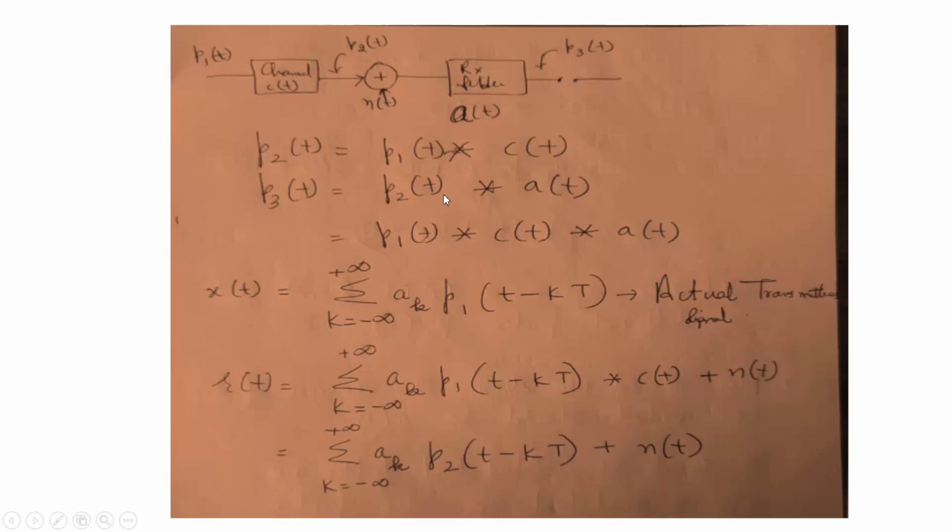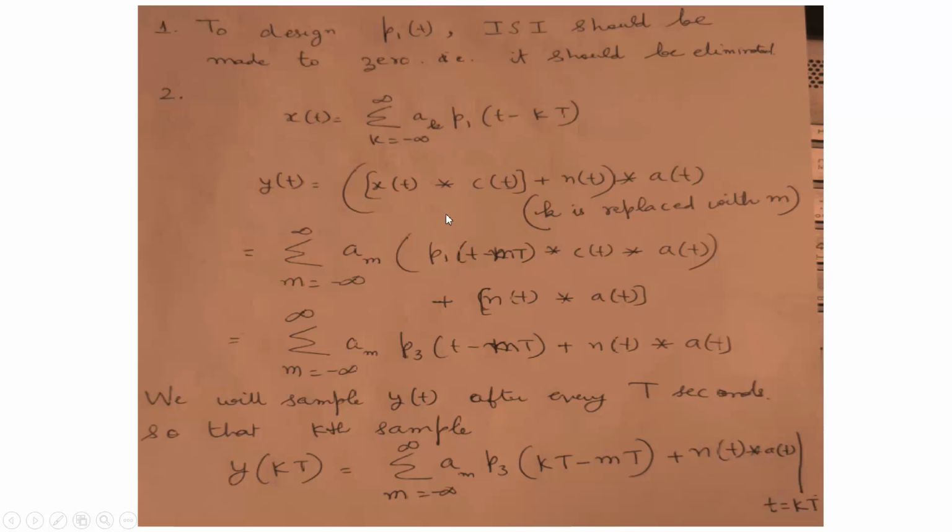And then y(t) is the signal which is received here in the form of p3(t) pulses. Right. It comes after p1(t) or x(t). p1(t) is the waveform, x(t) is the complete transmitted signal. It gets convolved with c(t), then noise is added, then the whole noisy signal gets convolved with this impulse response.